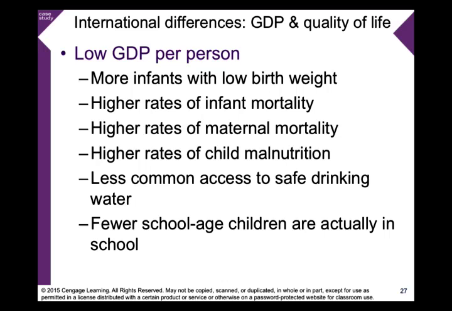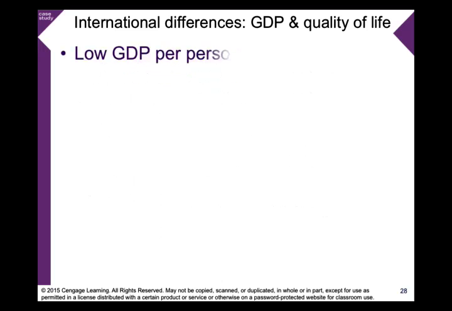And then school-age children might not be in school. There will be fewer children in school because the parents cannot afford the school fees. Although schooling is free in the US, it is not in the rest of the countries of the world. In some countries it might be free, but in many countries it is not free.